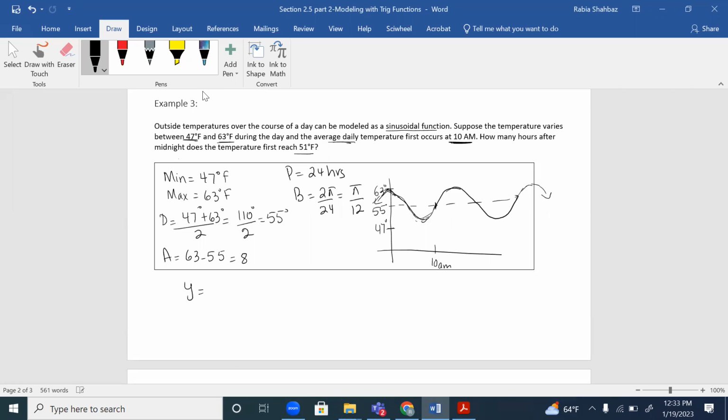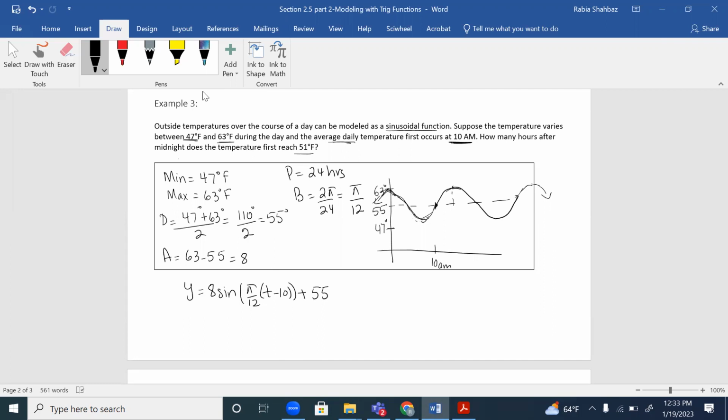So I pretty much can easily write my sine equation as y equals 8 sine of pi over 12 times (t minus 10) plus 55. If you do want to write a cosine equation, you could start from here.